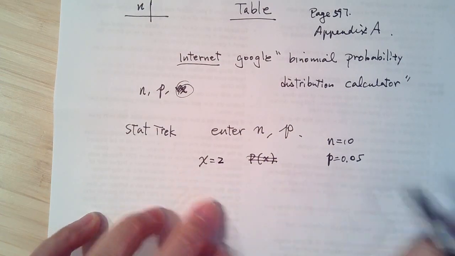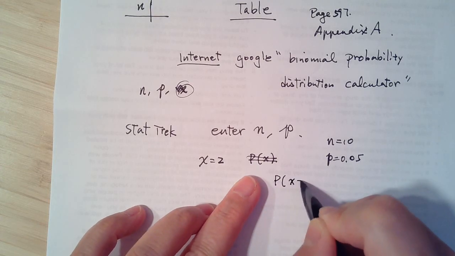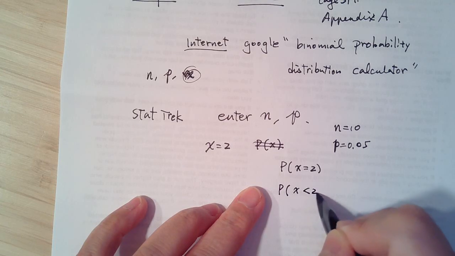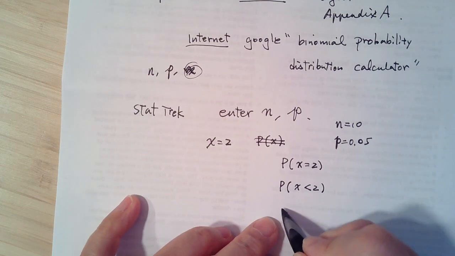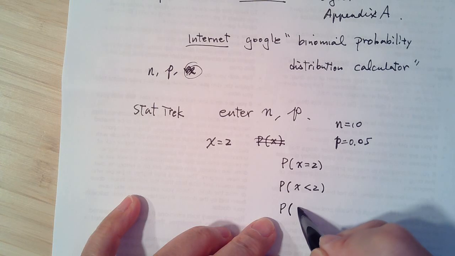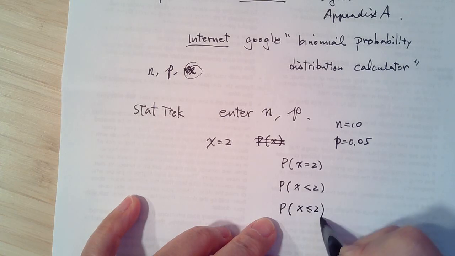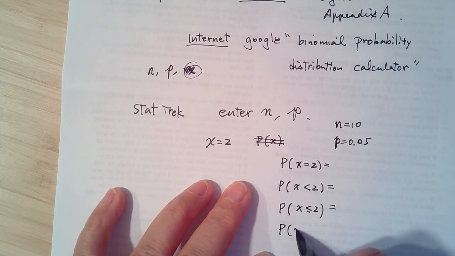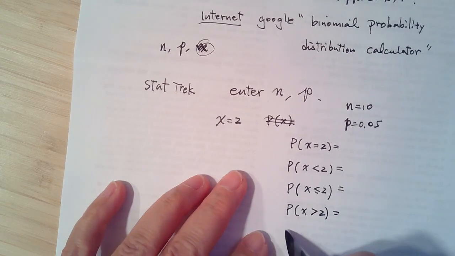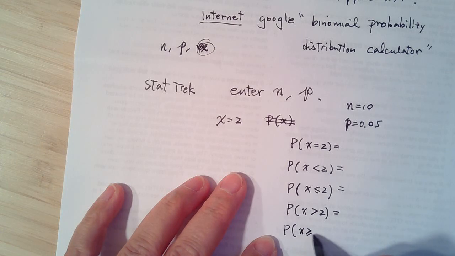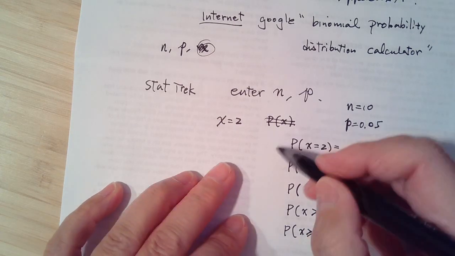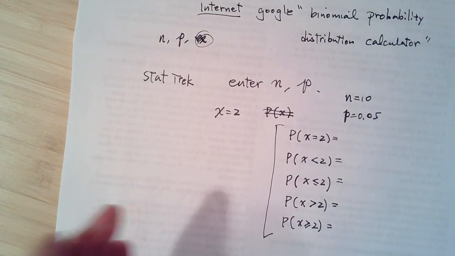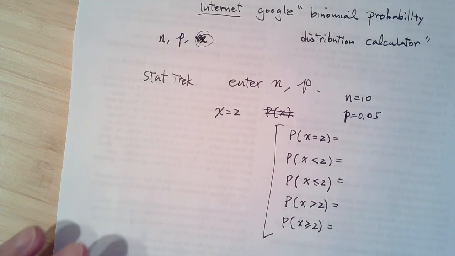Then they give you the probability that X equals 2, the probability that X is less than 2, the probability that X is less than or equal to 2, which just adds these two probabilities together, the probability that X is greater than 2, and the probability that X is greater than or equal to 2. A lot of websites will give you all those five probabilities after you enter N, P and X. It's very, very helpful.